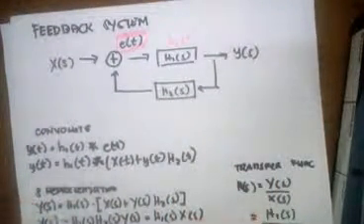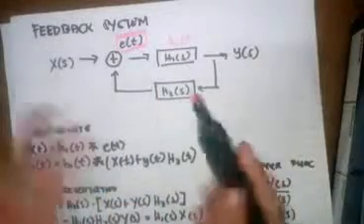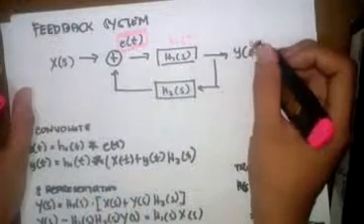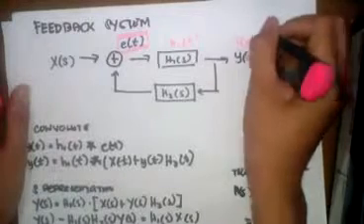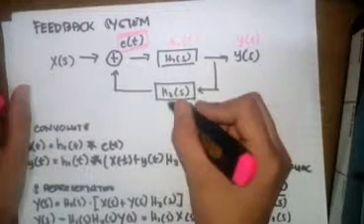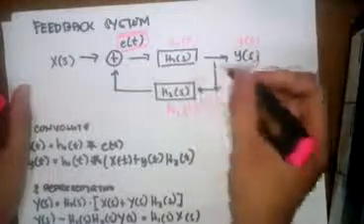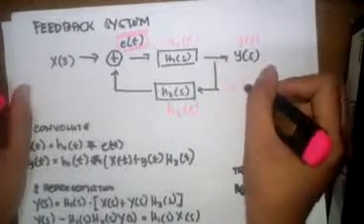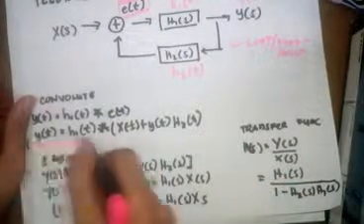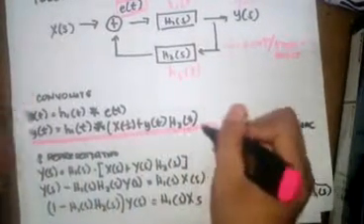So h of 1 convoluted with x of t plus the output y of t multiplied by h of 2 of t here, since we have a loop. We have a loop here, or what we call feedback. So this is the equation, as simple as that.